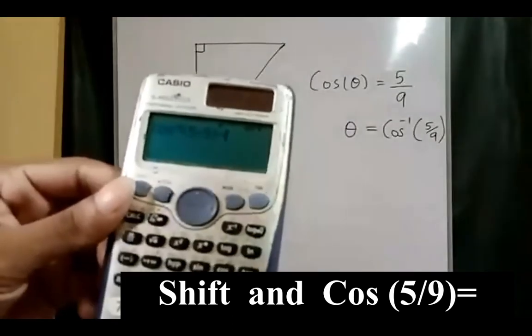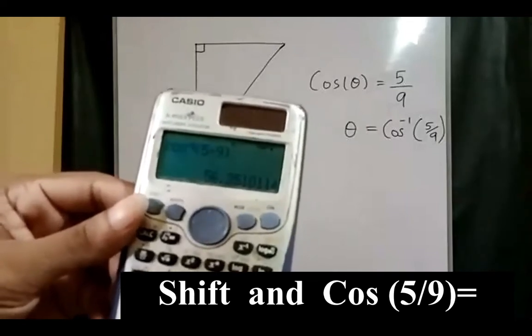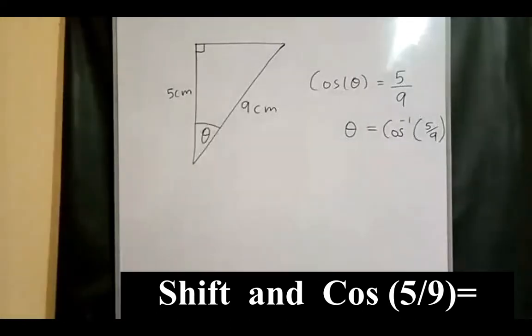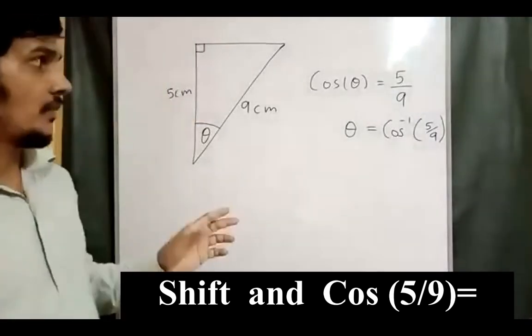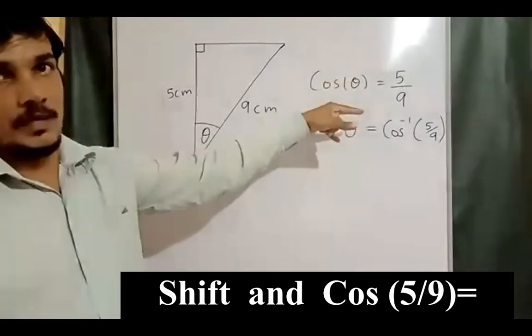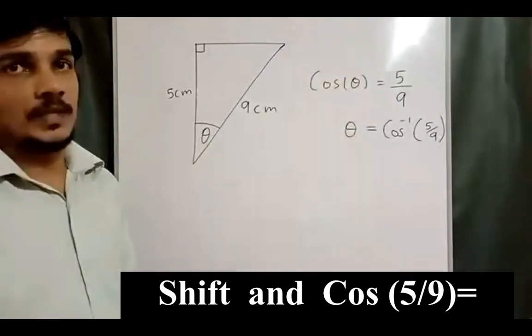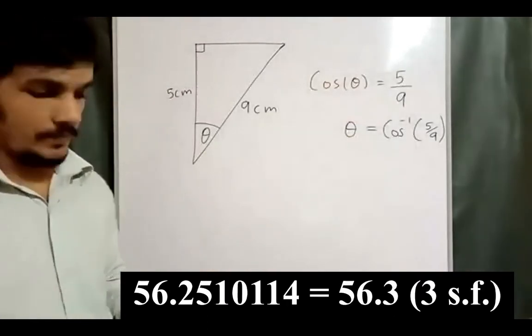Then when I press enter, I am getting the respective angle in degrees. So that is how you can use the scientific calculator. Shift cosine button, then type this fraction there. Then when you press equal, you are getting the answer as 56.25.